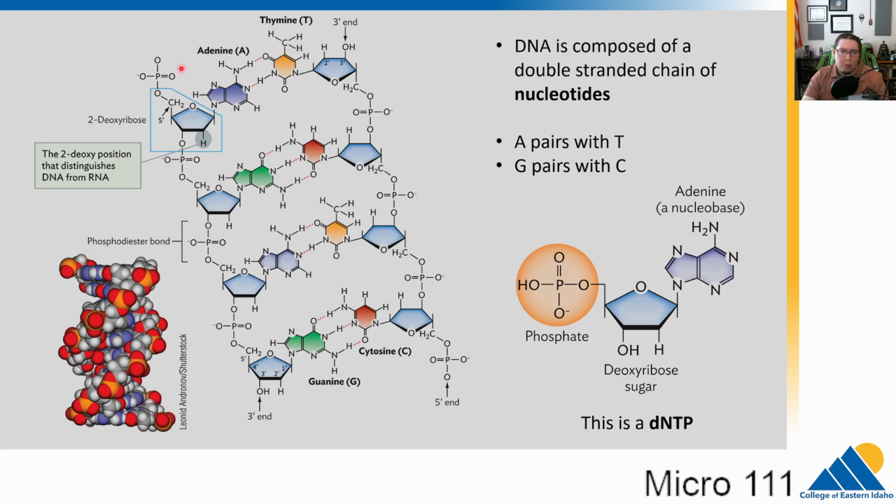Deoxyribonucleic acid. Remember back to our biomolecules, we have what's called a dNTP. This is a phosphate attached to a sugar, deoxyribose in the case of DNA, and then it has what's called a nucleobase on it. This is where we get the A, T, G, or C part. That is the information part there.